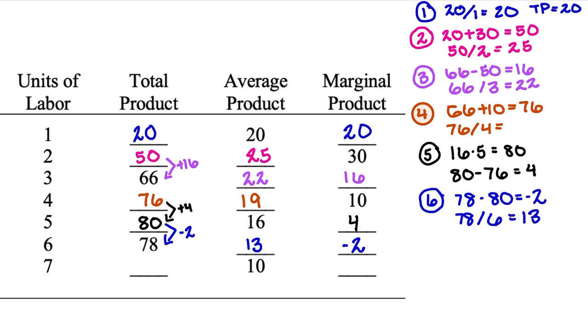And then for our last one, our 7th worker, we're going to have an average product of 10. So 10 times the number of workers is going to give us our total. And then our marginal product, which is 78 to 70, we went down by 8, so it's negative 8.